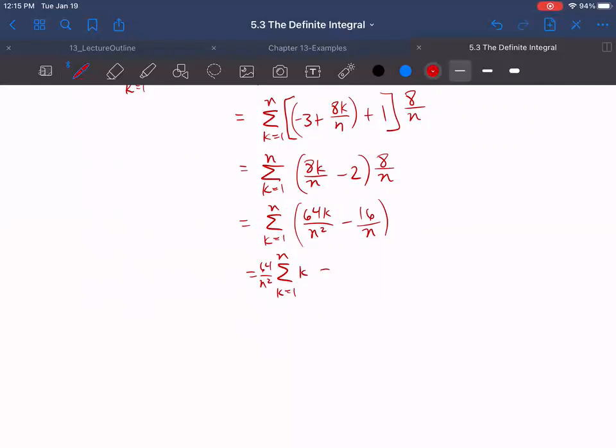And then we have a sum from k equals 1 to n of just 16/n, which is basically 16/n and then summing on 1, like that.